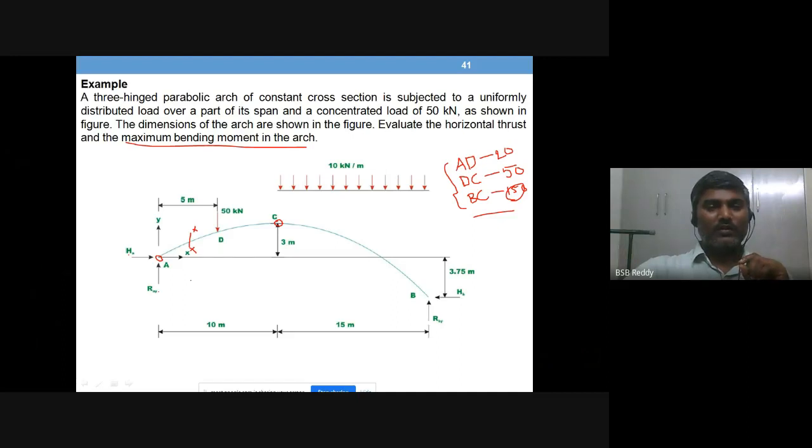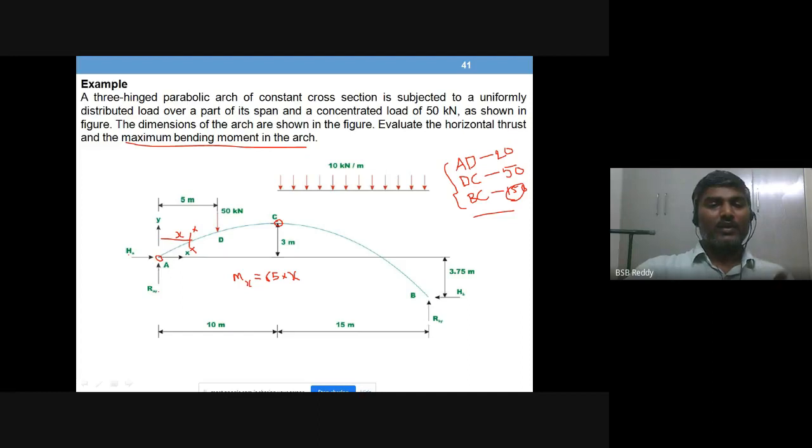So writing the moment equation is as good as writing the moment equation in your beams. Mx in portion AD is RAY into x, the distance at which the section is taken. RAY is 65 kilonewton, so 65 into x.